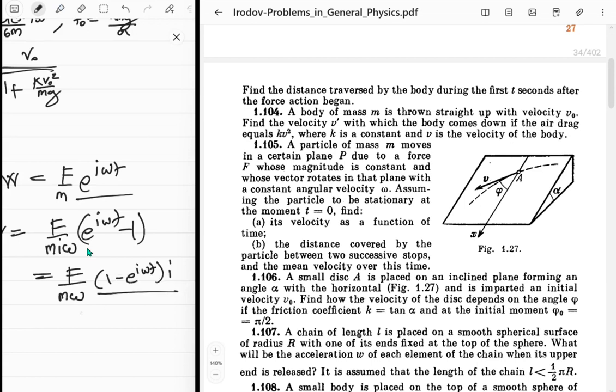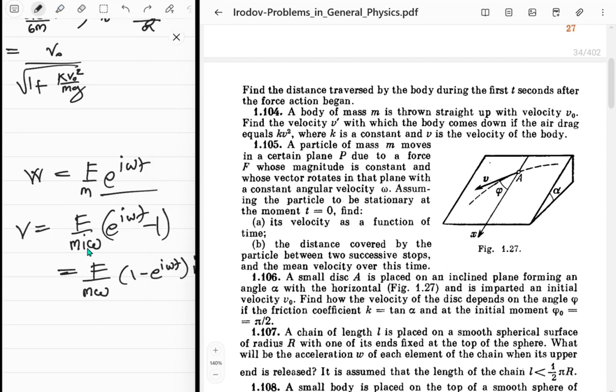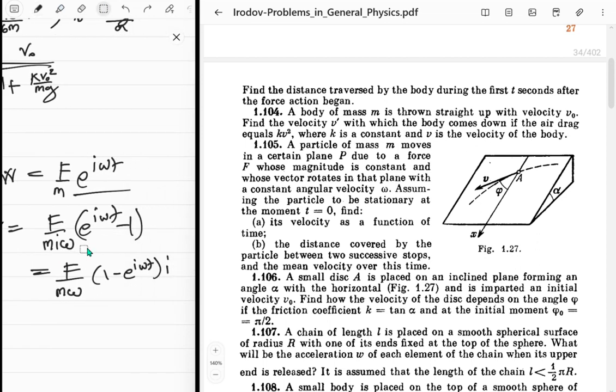Whatever this gives as real and imaginary parts, those are in xy coordinates. So you got velocity; just integrate it once more and you would get position, if I just leave it like that, because math will take care of it.